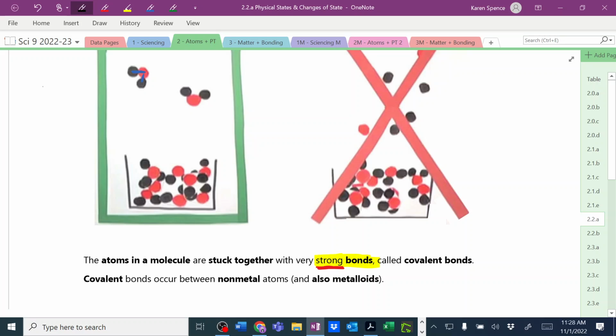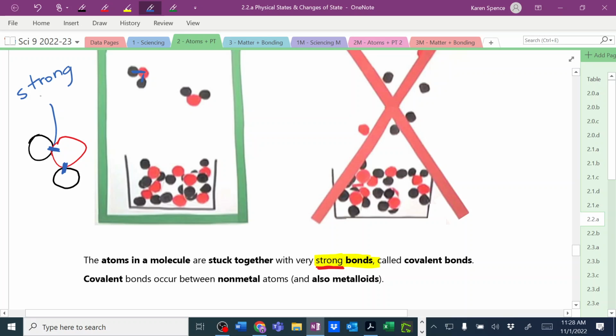If I were to draw that over here, that attachment between them is a very, very strong bond. Okay, that's a really strong bond.